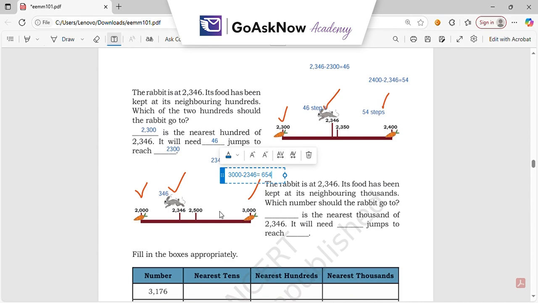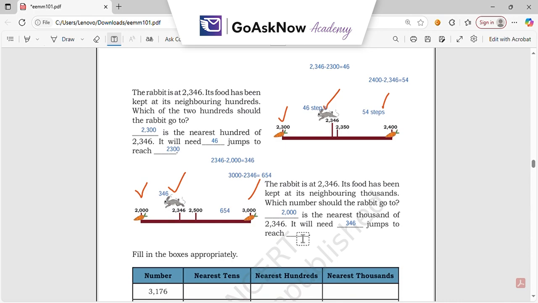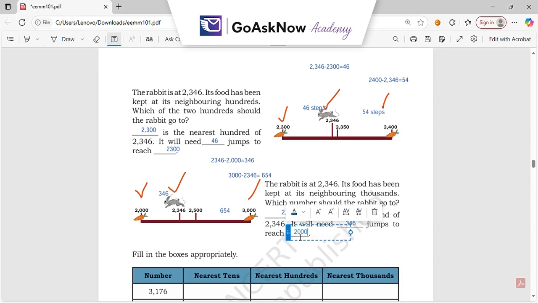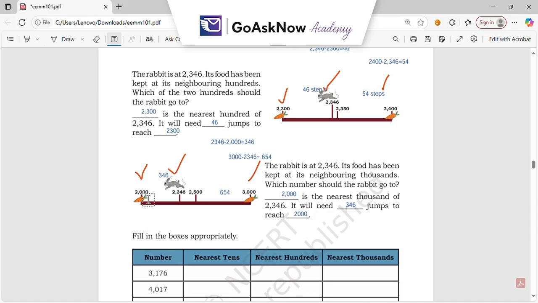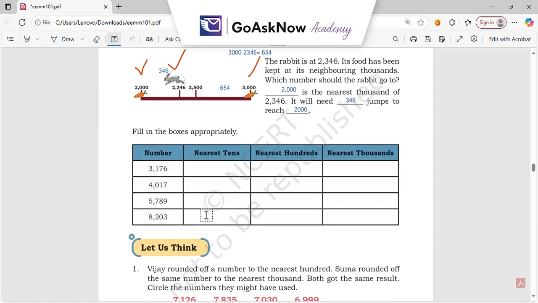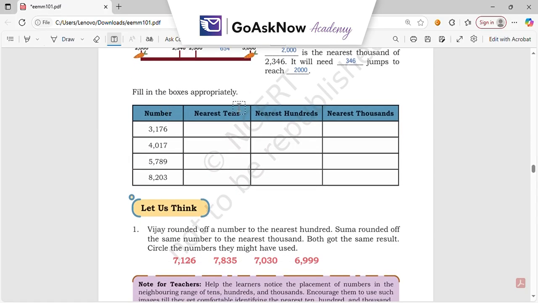Here the steps are much longer, 654 steps. Which is the smaller one? This one is smaller. So 2,000 is the nearest thousand of 2,346. It will need 346 jumps to reach 2,000, the rabbit's carrot.